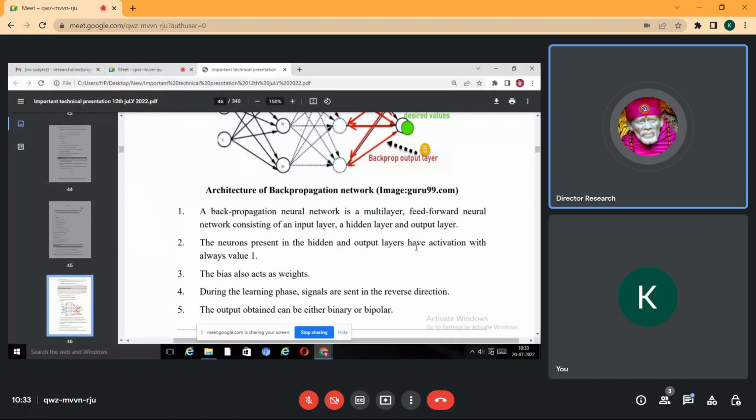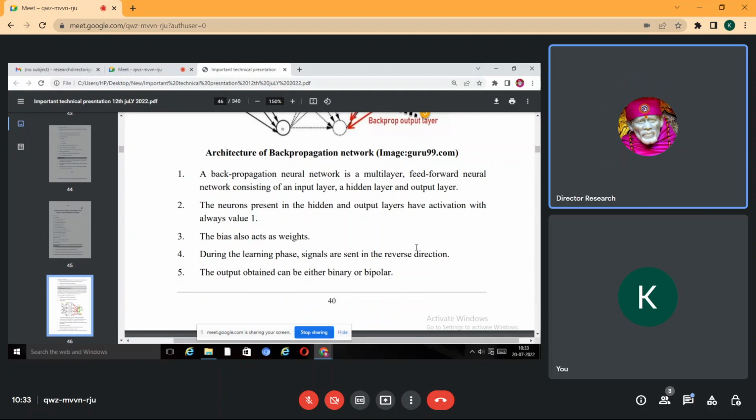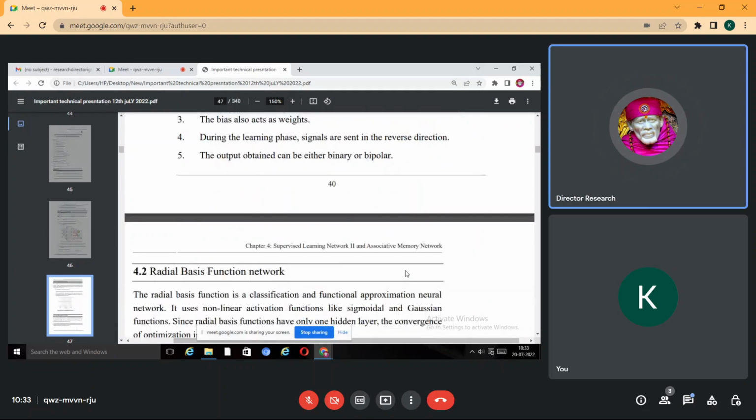The third point is that the bias also acts as weights. The fourth point is that during the learning phase, signals are sent in the reverse direction. The fifth point is that the output obtained can be either binary or bipolar.